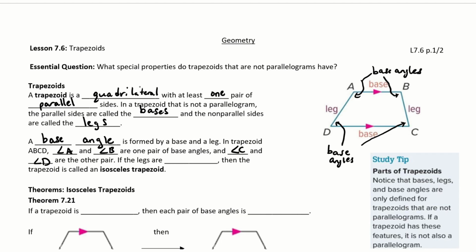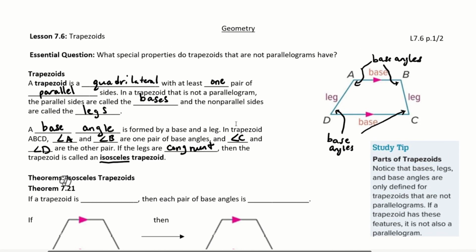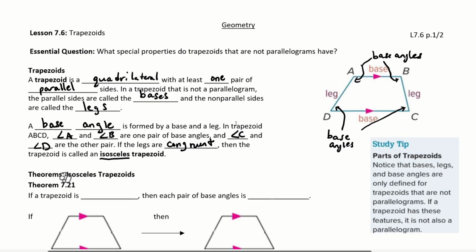Now, if the legs are congruent, then the trapezoid is a special trapezoid called an isosceles trapezoid. Okay, so that's a special type of trapezoid. All right, remember that you only have to have at least one pair of parallel sides.